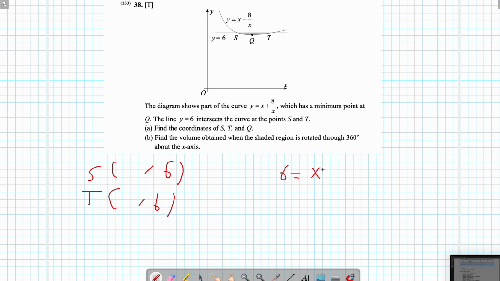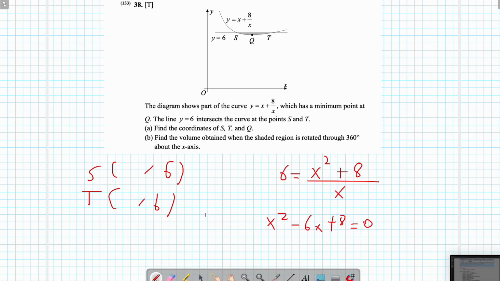You take the common denominator, so x squared plus 8 over x, so 6x is equal, you take it all to one side, and you're going to get x squared minus 6x plus 8 is equal to 0.